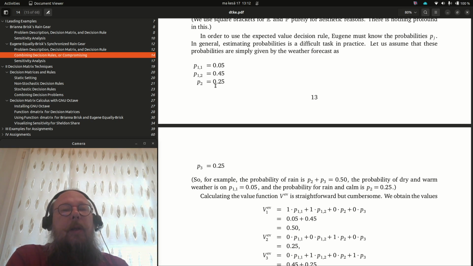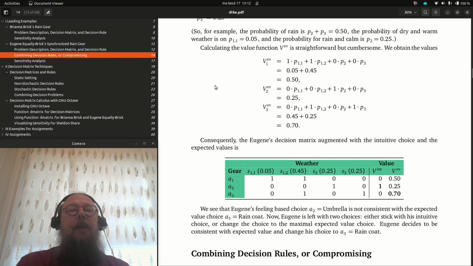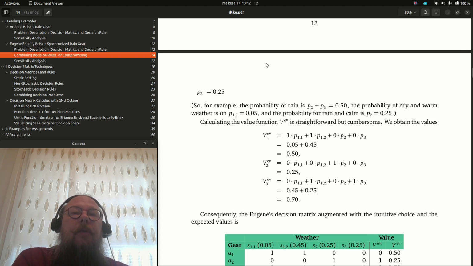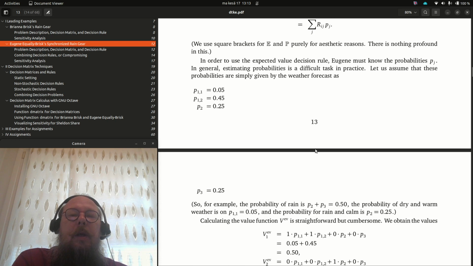And now we can calculate the expected values for all these choices. So this is a bit cumbersome, but it's doable. You just calculate, for example, EV expected value for 1. So 1 was the first row here. This one, which is the normal gear, so 1 times the probability of S11 plus 1 times the probability of S12, and then 0 times these probabilities.